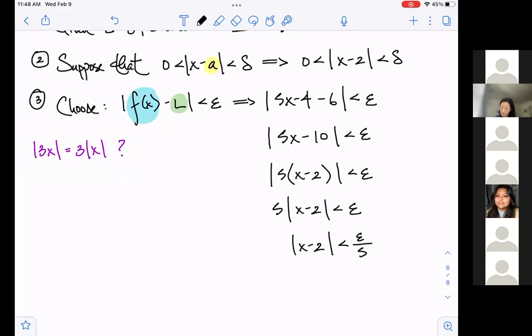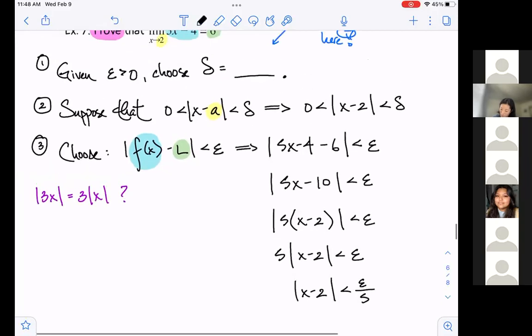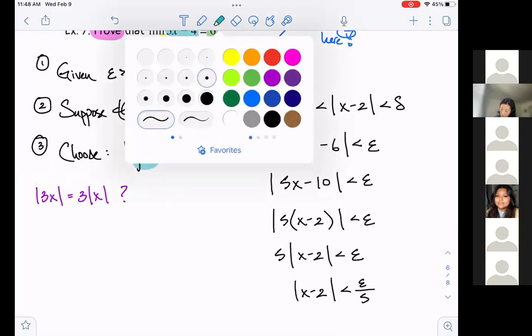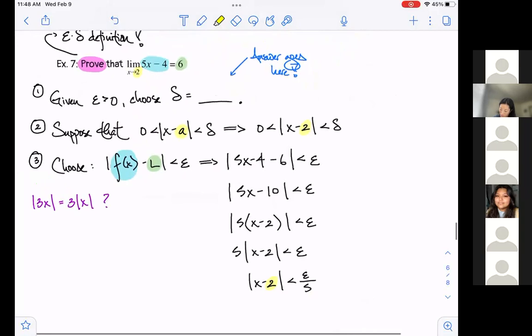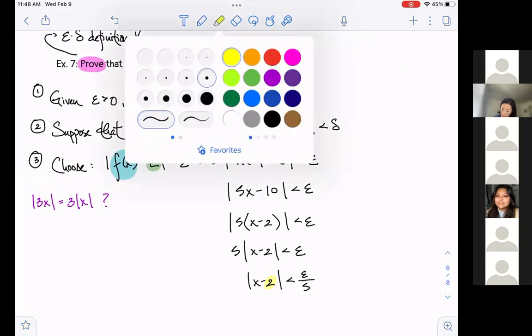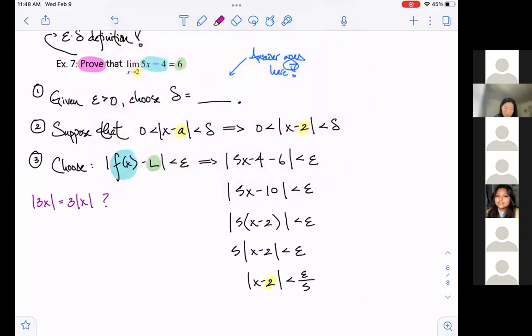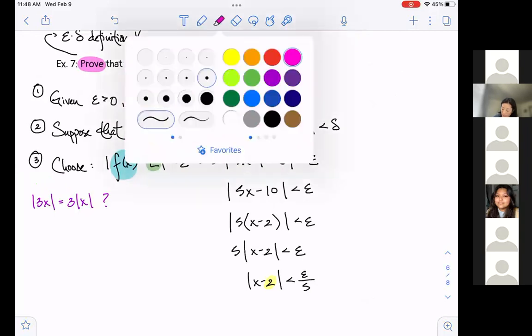Now, check this out. Here's the 2 from earlier. Here's this 2 in step 3. Here's the delta that we had.